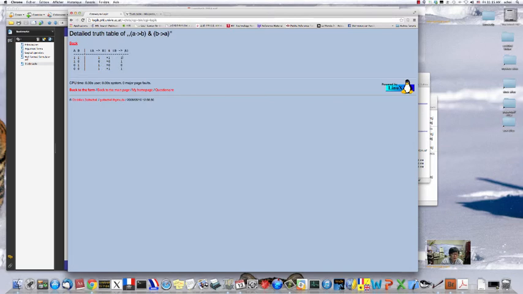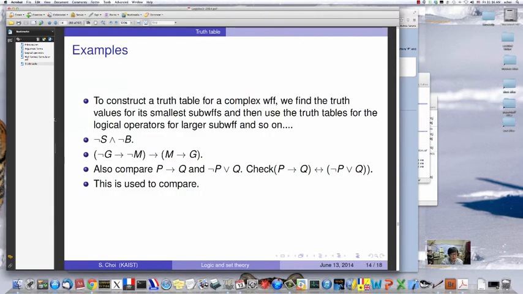B implies A, you will get this. Then there's the AND operator, so the final result is: 1 1 is 1, 0 1 is 0, 1 0 is 0, and of course 1 1 is 1. So this will be the value that we computed for A if and only if B also. So let's try this one here.